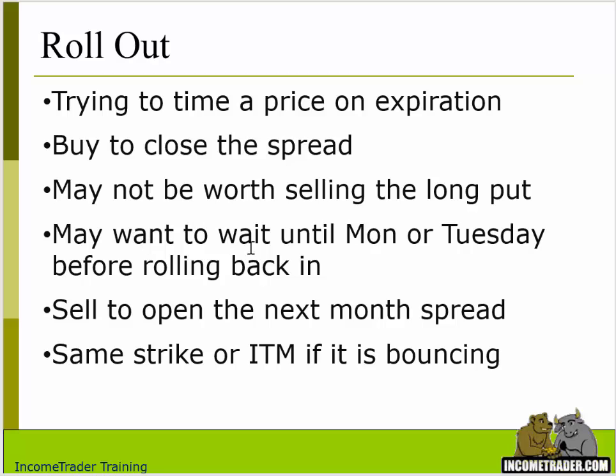So you might wait until Monday or Tuesday before you go back in and sell the same strike prices just out three or four more weeks. Because Monday or Tuesday is when all the end of the month panic is over, and folks are now looking at the next four weeks. So market makers will inflate the premiums back up again on Monday or Tuesday.